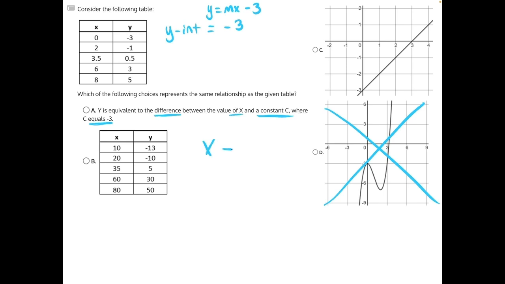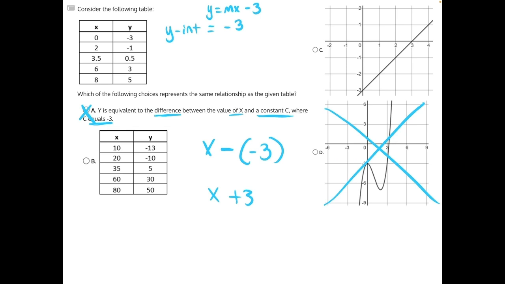X, the difference between our constant c, which is -3. So when we simplify all of this, we would actually have x + 3, right? Minus a negative is the same thing as adding a positive. So because of that one word here, the difference between these two numbers, A is actually incorrect, because it should say x - 3, not x + 3.